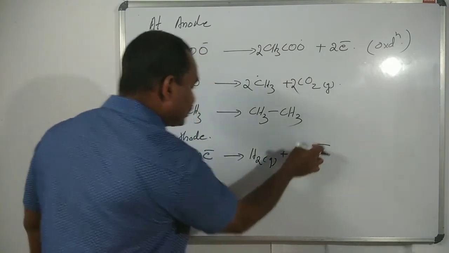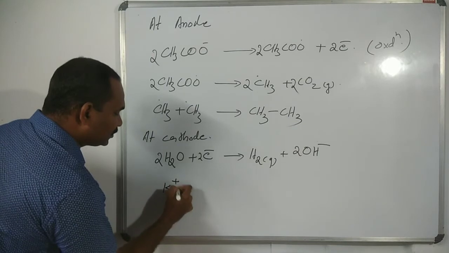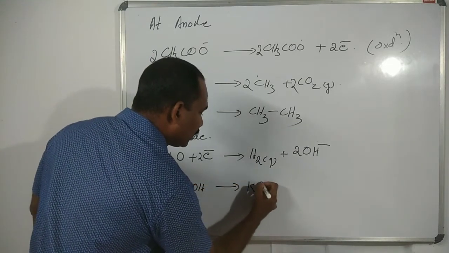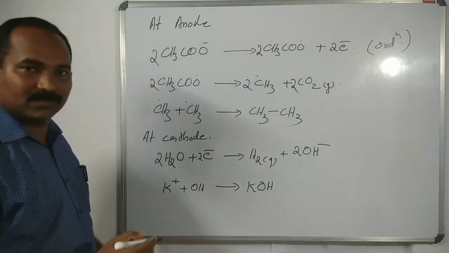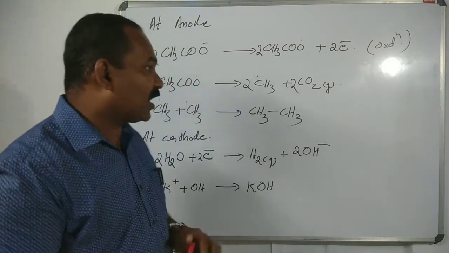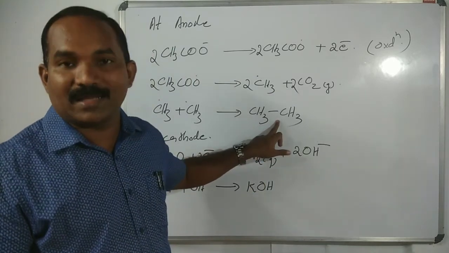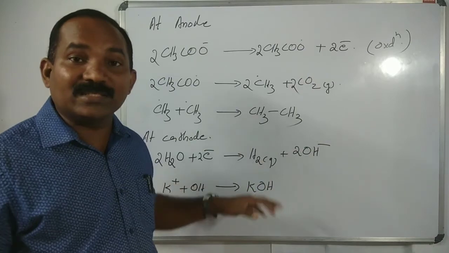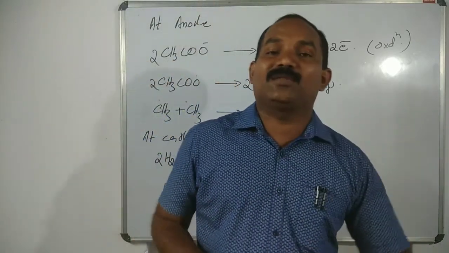This OH minus combines with the K plus. We get KOH. So which gas is liberated at the anode? Alkanes are liberated at the anode. Hydrogen is liberated at the cathode.